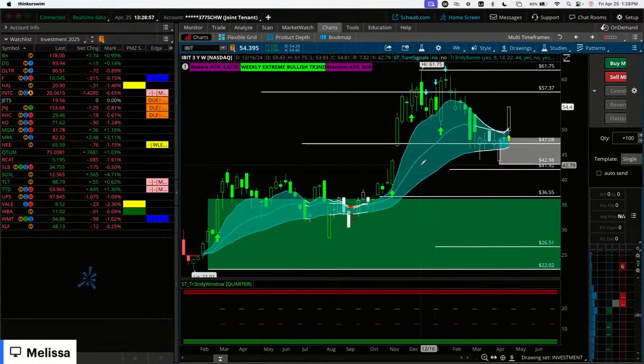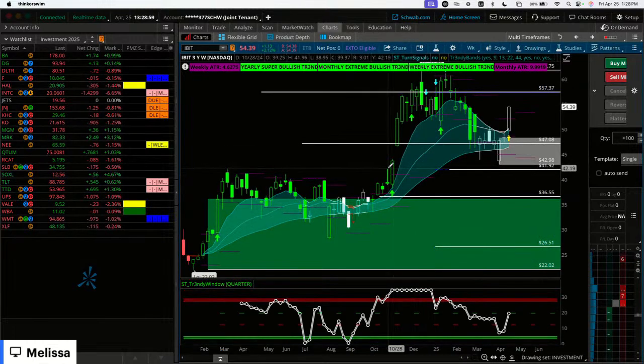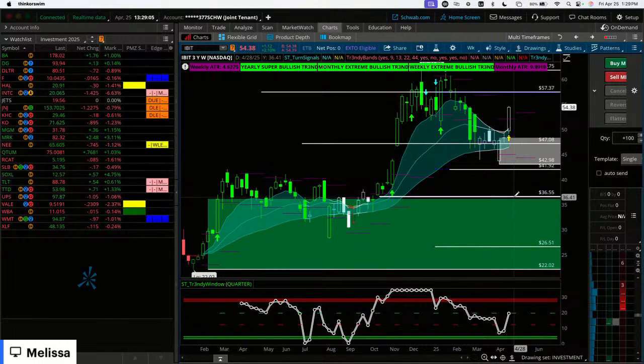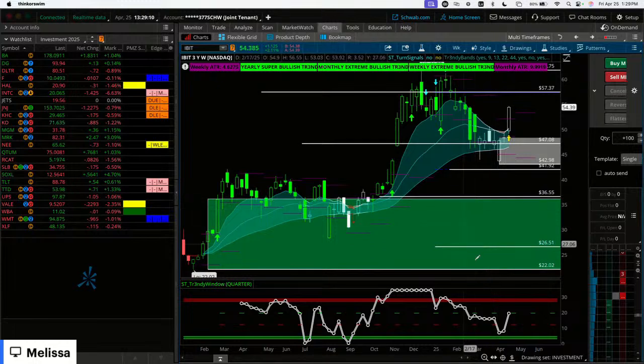leap trading IBIT. I would like to see a pullback to this quarterly demand zone at 36.55 by $22 and scale into leap trades here.